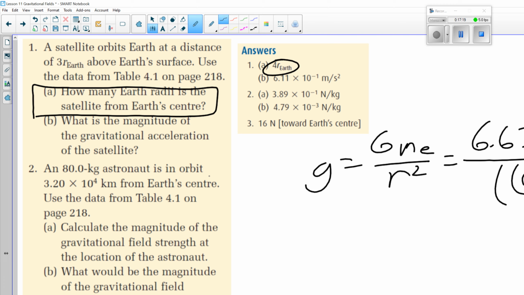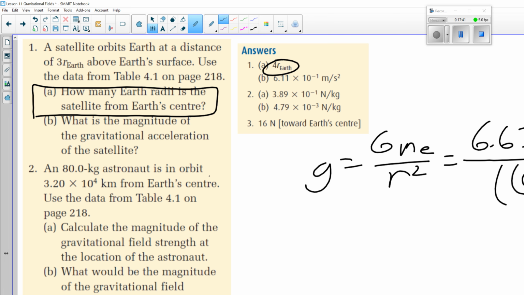How are we doing on number 2? How many people have done 2? I'll give you a few more minutes there on number 2. We're looking for the gravitational field strength at the location of the astronaut, and what the magnitude of the gravitational field strength would be if they were orbiting the moon at the same separation distance.